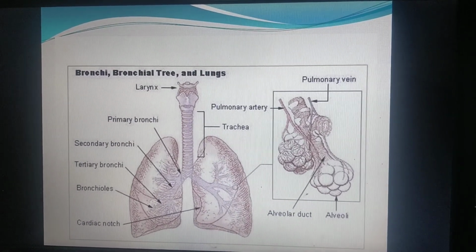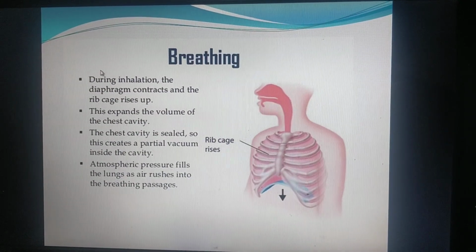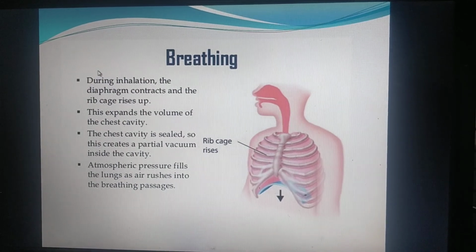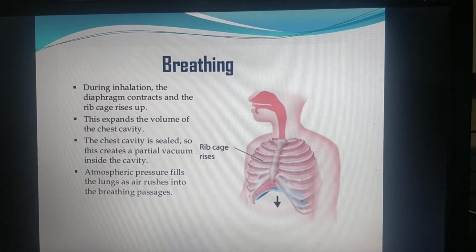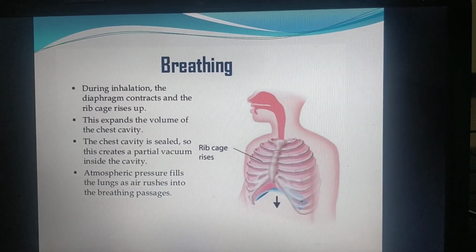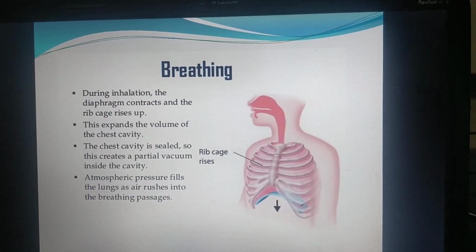So this is just a brief transport and then we will discuss it in detail during the transport system. So this is all about the human respiratory system and you will draw a diagram of the human respiratory system.